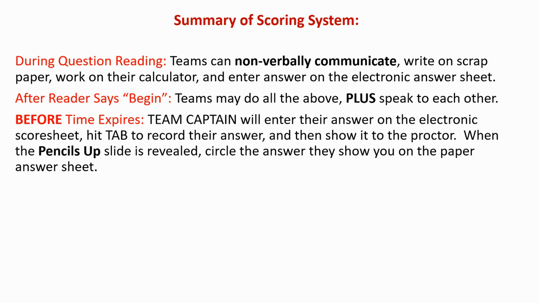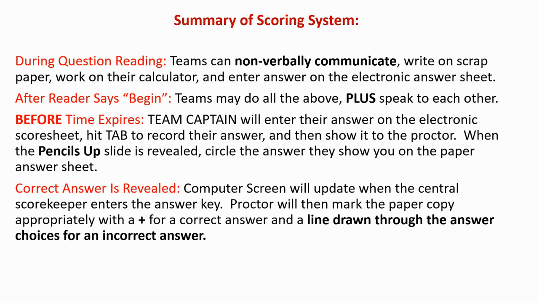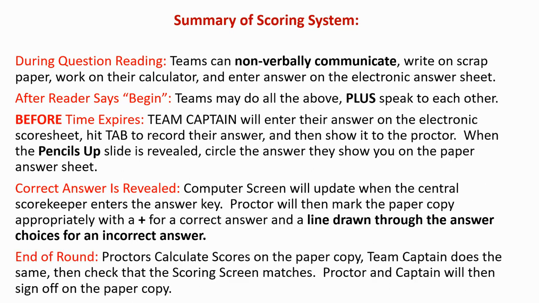Now, when the pencils up slide is revealed, you will circle the answer they show you on the paper answer sheet. The correct answer will then be revealed on the screen. Okay, once everybody's got their answer recorded, the correct answer will be revealed on the screen, and you will then mark the paper copy appropriately with a plus for a correct answer and a line drawn through the answer choices for an incorrect answer.